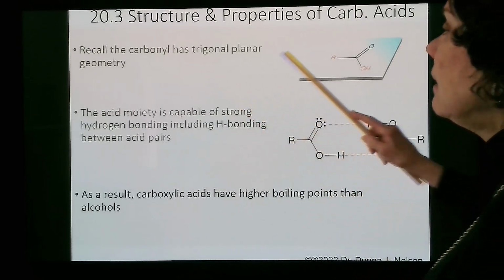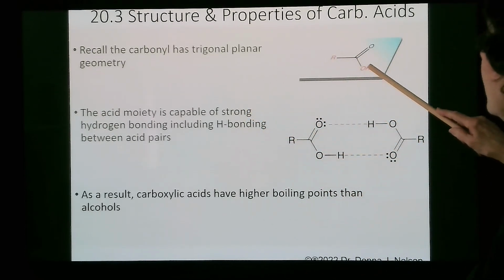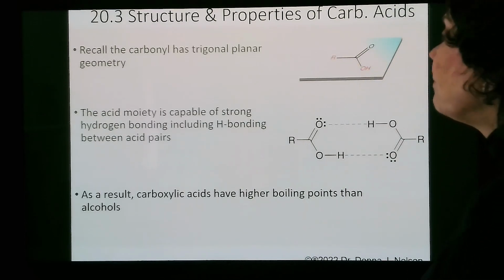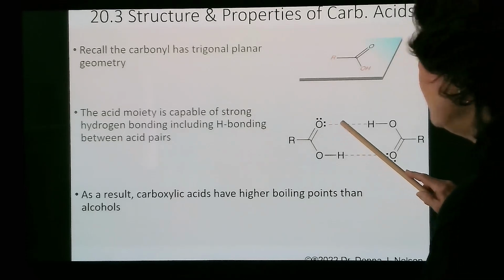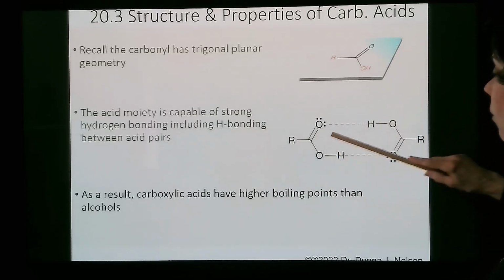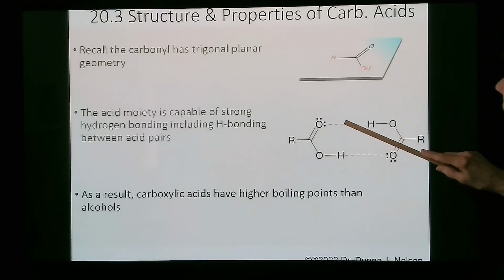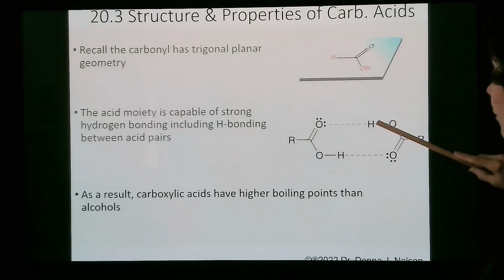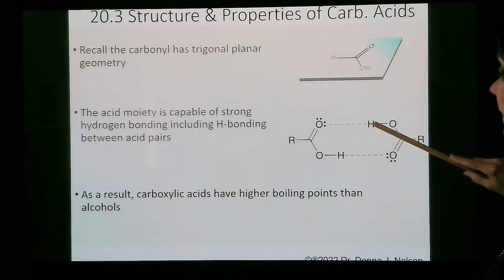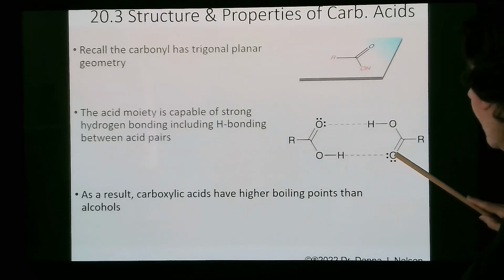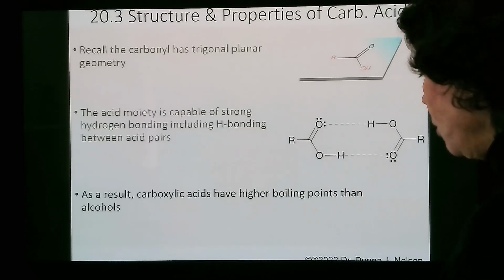Recall the carbonyl has trigonal planar geometry, just as the aldehydes and ketones do. The acid moiety is capable of strong hydrogen bonding. So for two molecules, a carboxylic acid can be either or both simultaneously a proton donor and also an electron pair donor.